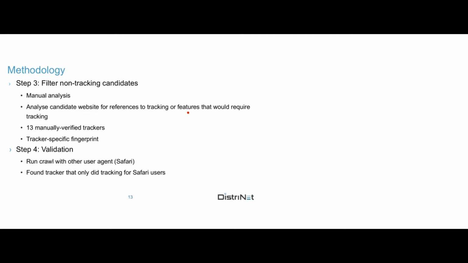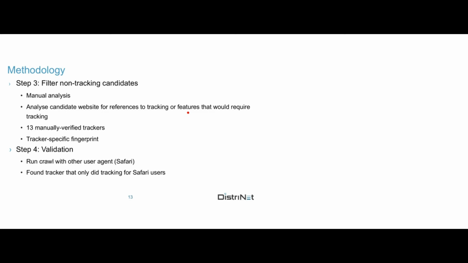For this, we performed a manual analysis. For each of the tracker candidate websites, we visited them and we looked for references of them using tracking or analytics as a service, or whether they were providing some other service that requires tracking. And this way we obtained a list of 13 manually verified trackers.